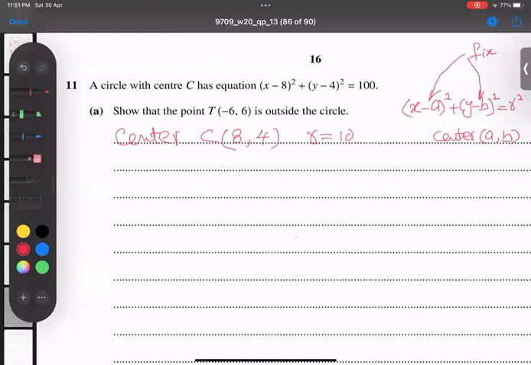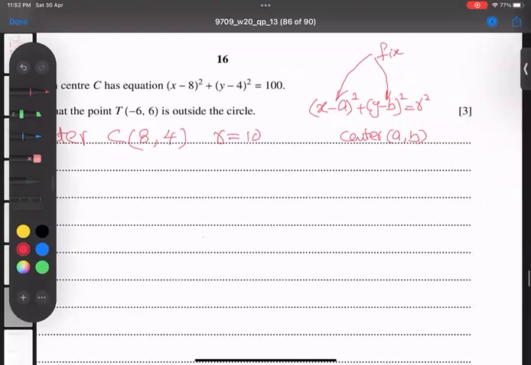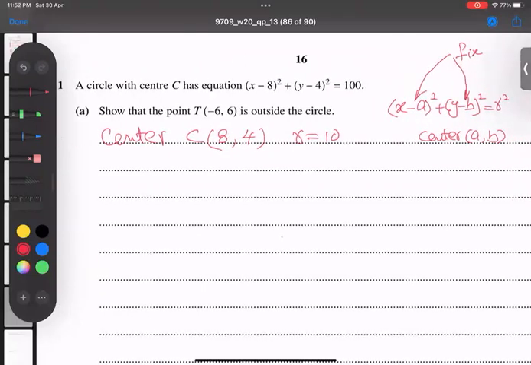So this part is first of all over. But no, the first part is not completely over. He says show that T is outside. Okay, how to prove it is outside or inside? For example, let's have a look here. There's a circle. Center is 8, 4. A radius is 10.